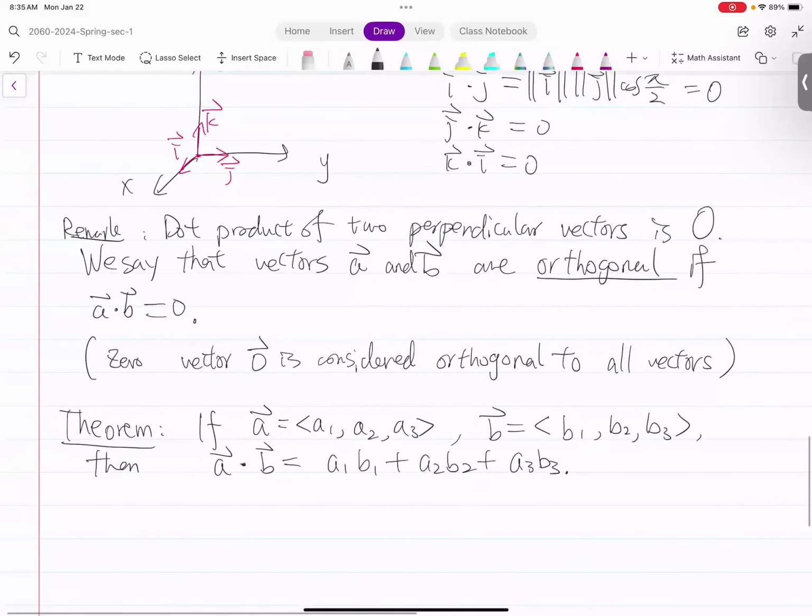This is actually not so hard to see. So let's do the proof.